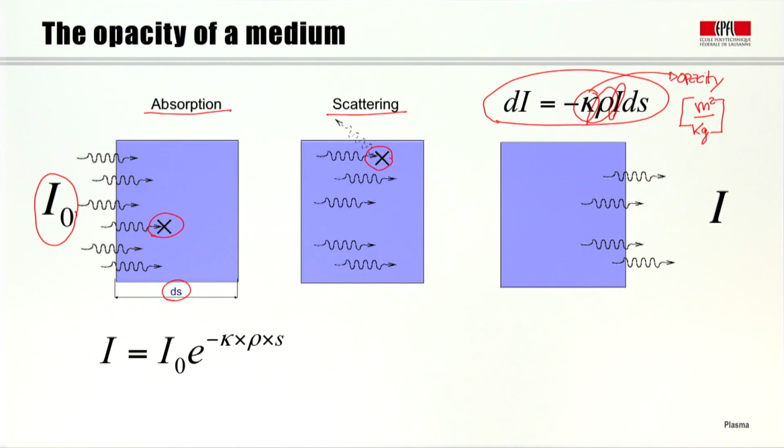This means that over a distance ds sufficiently small for k times ρ to remain constant, the number of photons is decreased by this factor here.